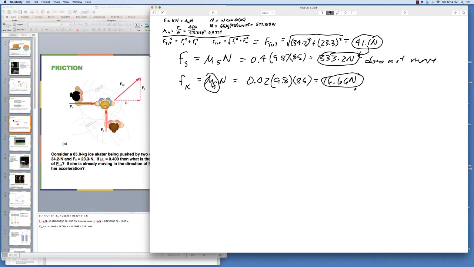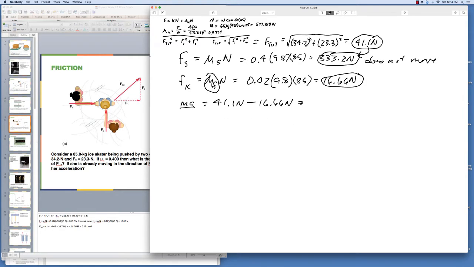So the acceleration that she has is going to be what's left after you overcome the kinetic friction force. And so the force that's driving her or accelerating her is going to equal the 41.1 newtons the two girls generate minus her friction force.